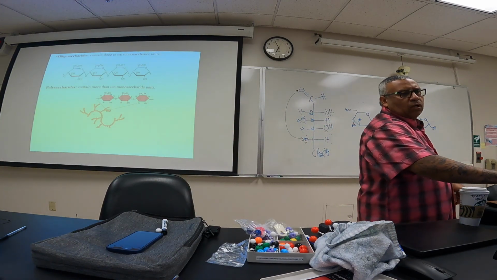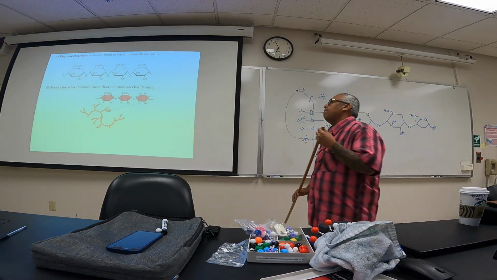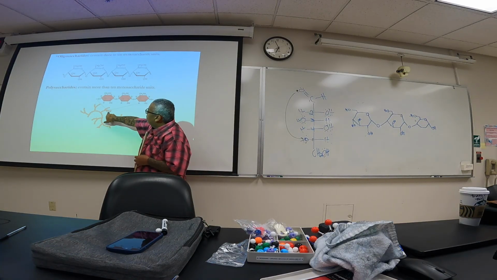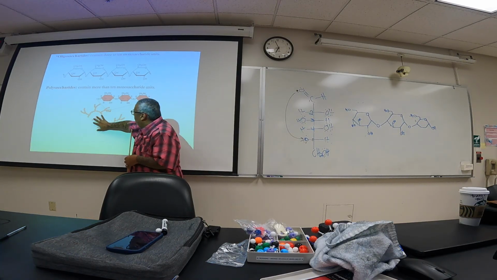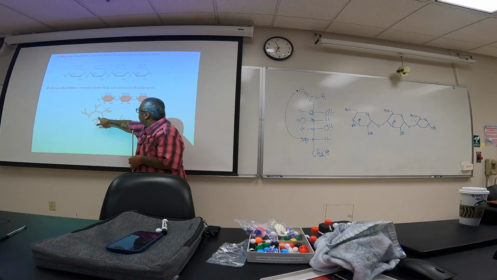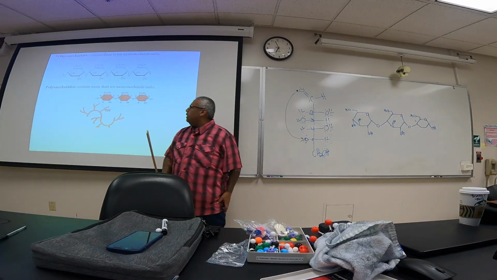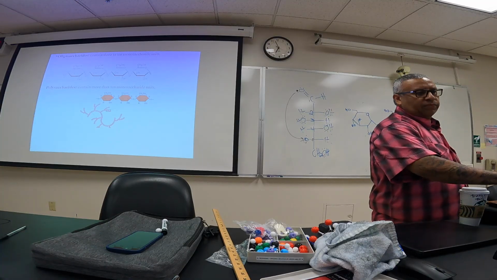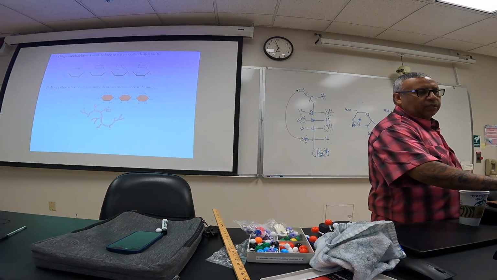Disaccharide, oligosaccharide, and this is just a zoomed in picture of what we see here. So this is a polysaccharide. All of those happen to be glucose units, just different examples of all of these saccharides.